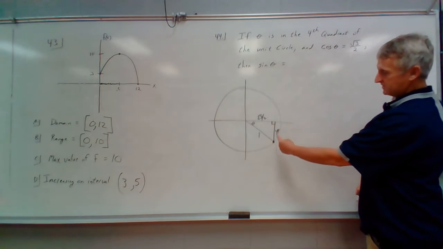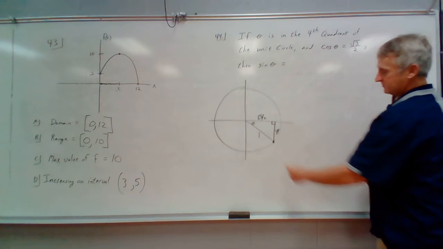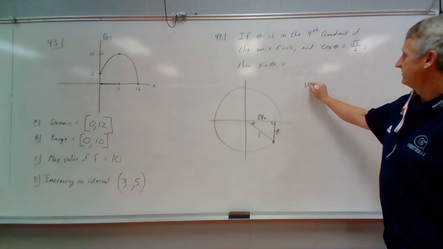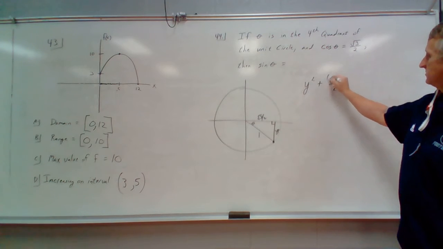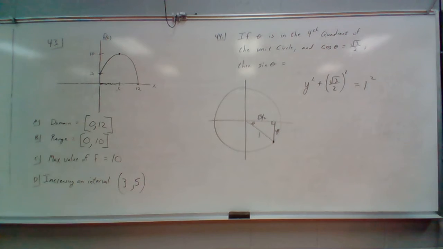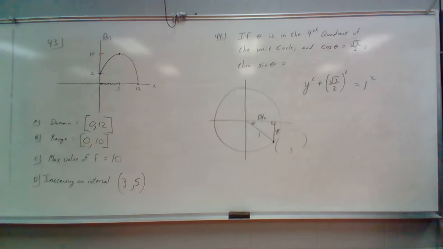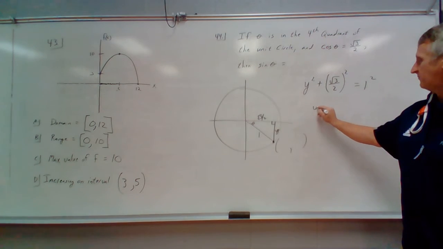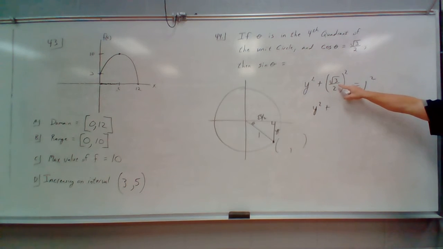All right, so we can use the Pythagorean theorem, which says that a squared plus b squared equals c squared. So we would have y squared plus the square root of 3 over 2, squared, equals 1 squared. And probably if you remember all the trig stuff, you already know what the points are on that point, but we can figure it out. So we have y squared plus, if I square this, I multiply it by itself.